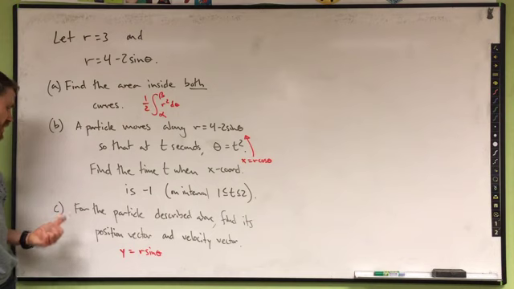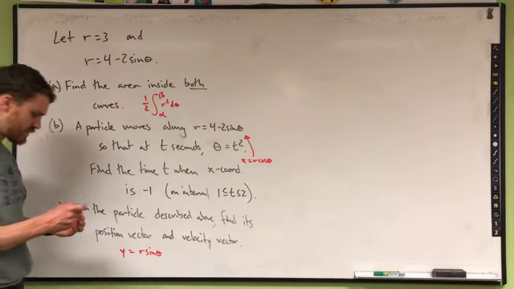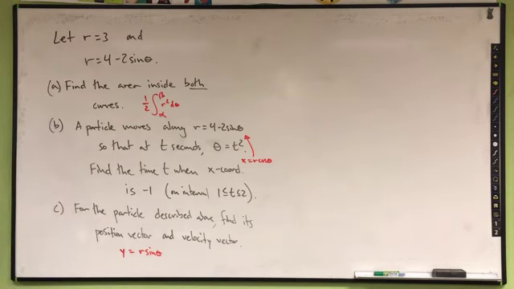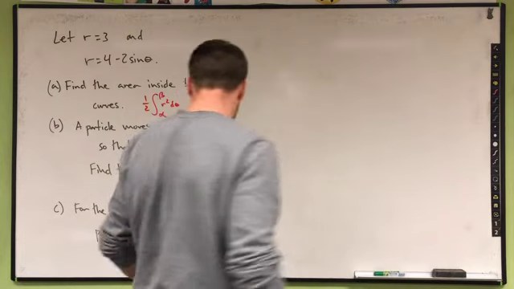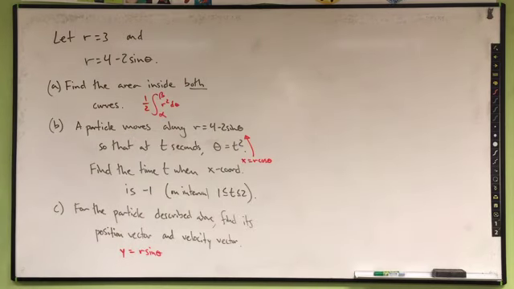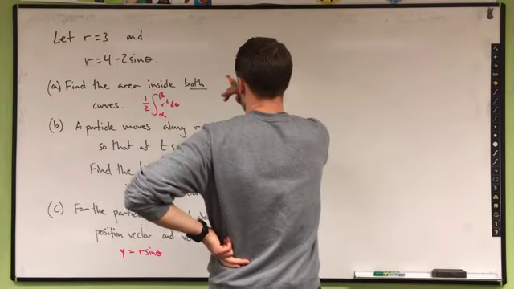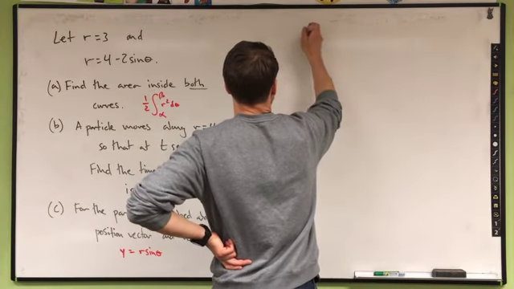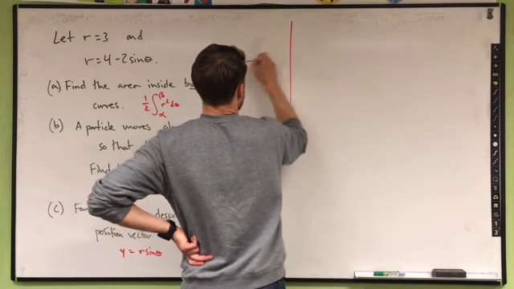So I actually think b and c might be on the simpler side, not conceptually, but sort of mechanically, and that a might actually be the challenging one for us. We'll see. So let us start by graphing these functions to see what they look like. So r equals 3, that's super simple because that's just a circle with radius 3.